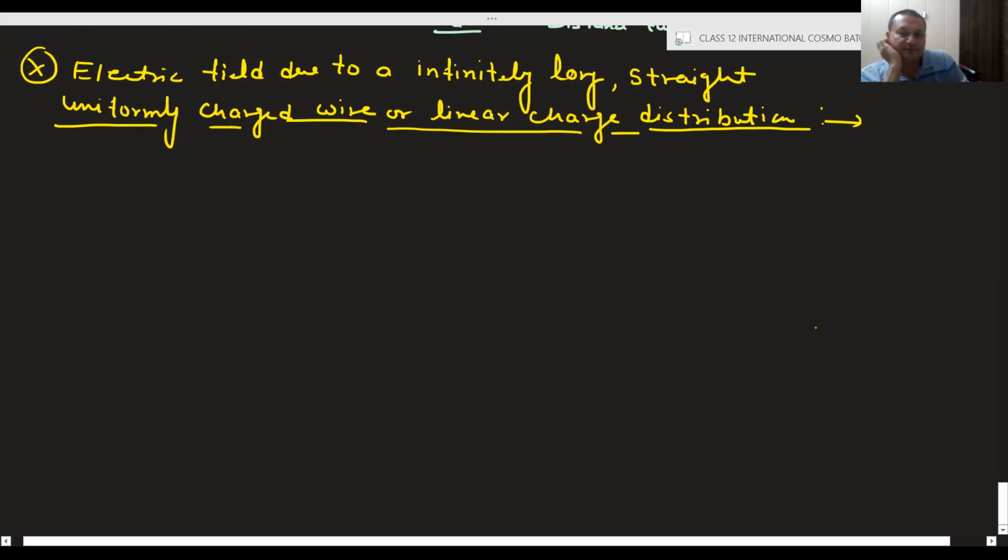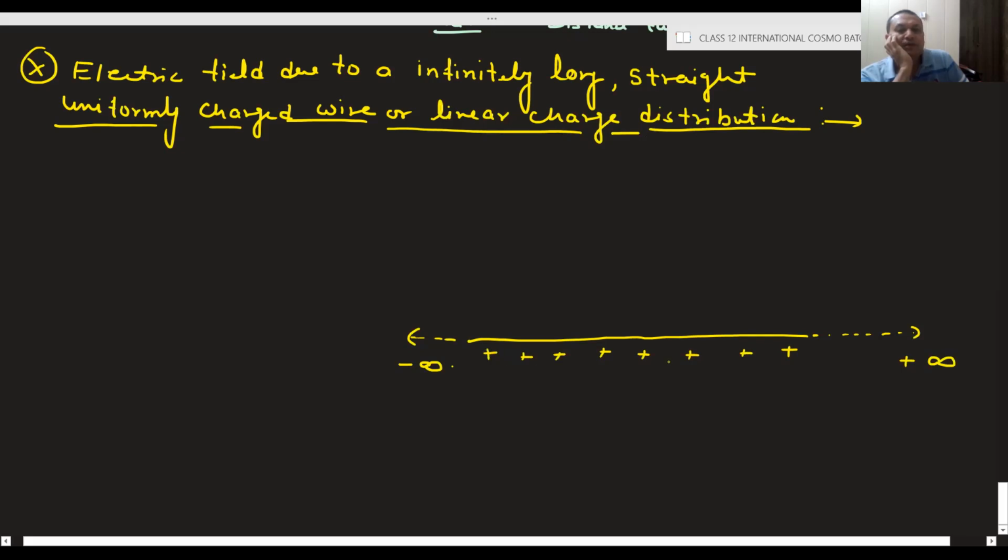This is the case. Here, this is a line. This line is infinitely long. This side, it is up to plus infinity, and this side, it is up to minus infinity. This is positively charged, and naturally, if it is infinitely long, the total charge on this wire is infinite, right?